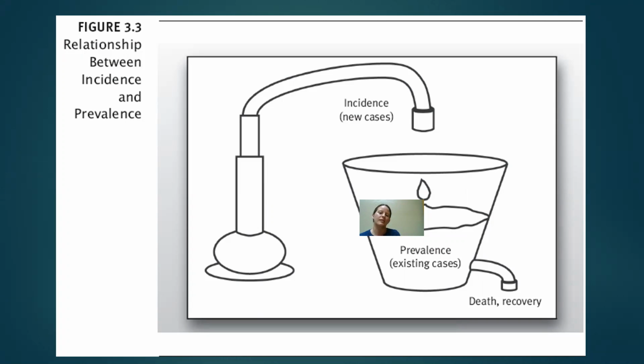So you can see here that if prevalence is really high, that sink would be more full, but if incidence is high, it would be filling up faster. So basically, incidence and prevalence are related to one another, typically as a function of duration of disease. So how long people stay in that prevalent condition.